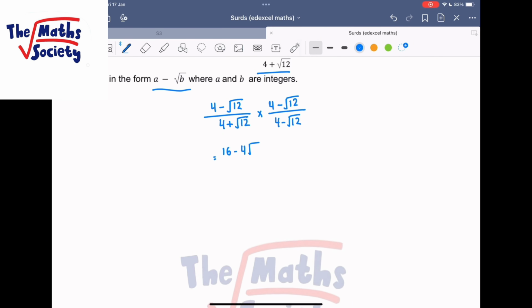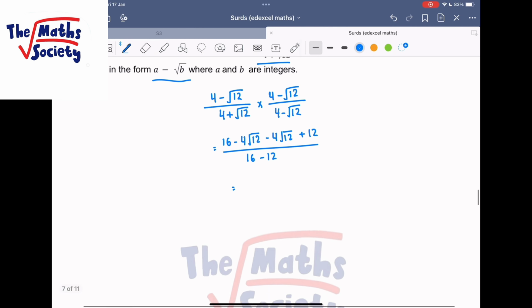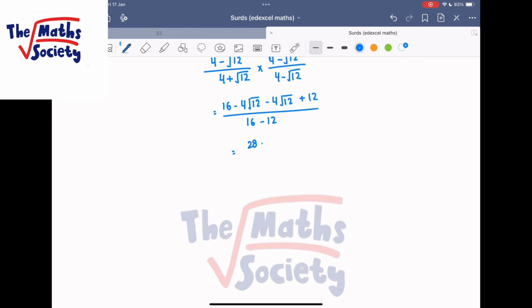That's 16 minus 4 root 12 minus 4 root 12 plus 12, divided by 4 times 4, 16, that's minus 12. So you will have 28 minus 8 root 12 divided by 4.